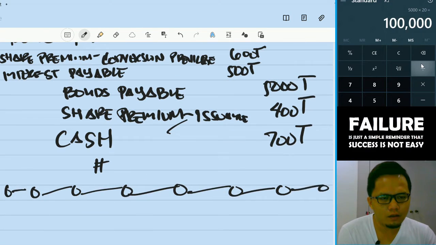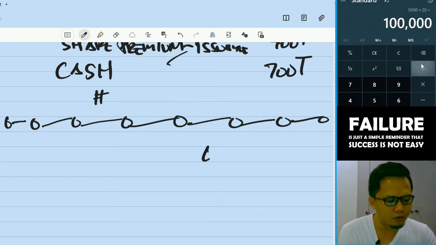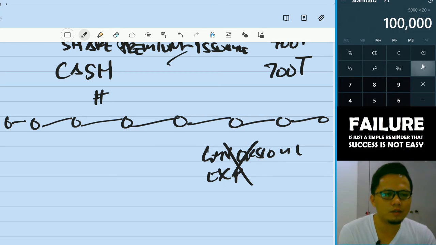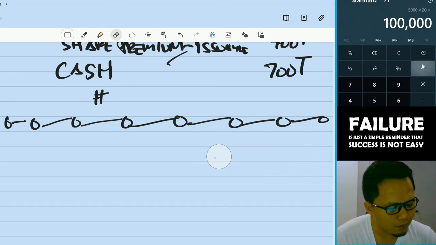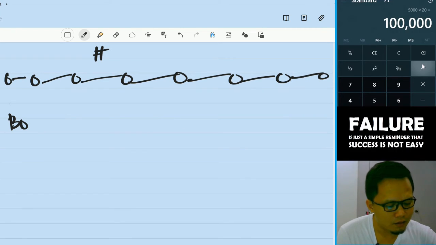So, if this is paid on maturity date, obviously, there is no conversion, so there is no conversion expense. What would remain is the accrued interest and the payment of the carrying amount.